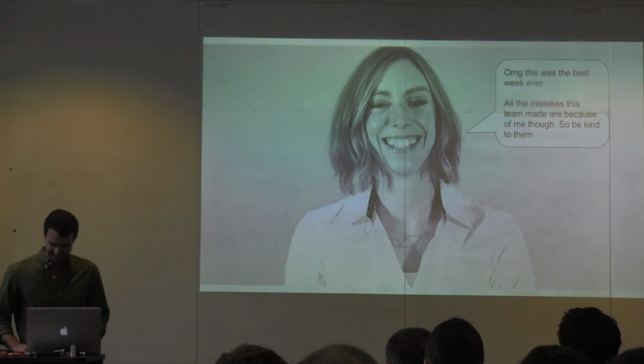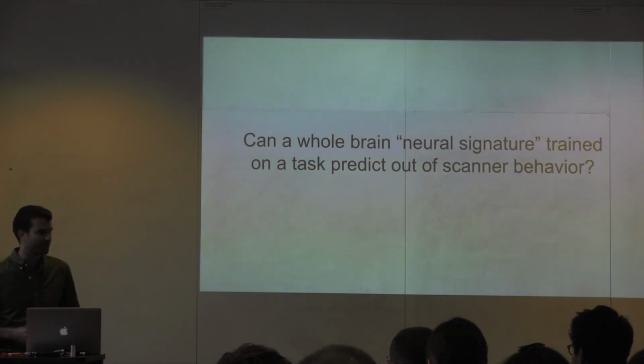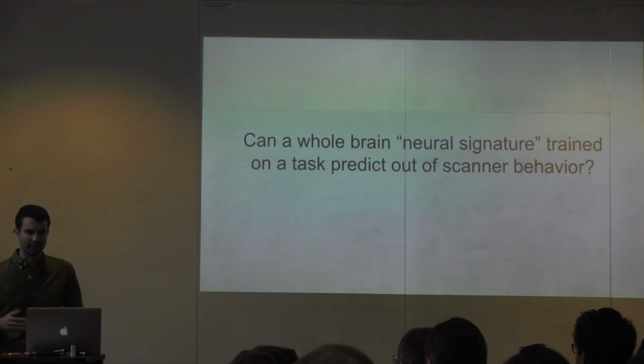All right. So we had the kind of modest goal of seeing if we could, using the HCP task fMRI dataset, use machine learning models to build a neural signature of working memory, and then use that model to predict in-scanner and out-of-scanner behavior, or rather correlate individual differences in behavior.